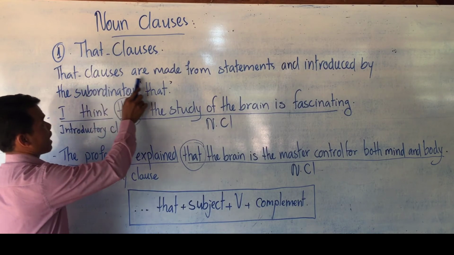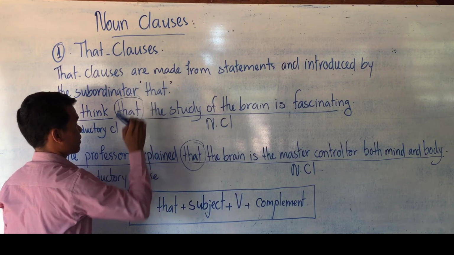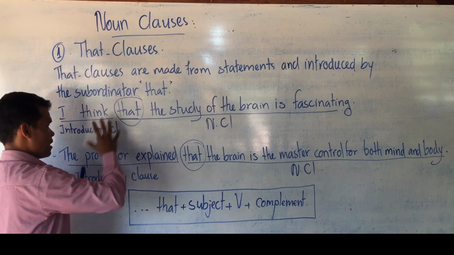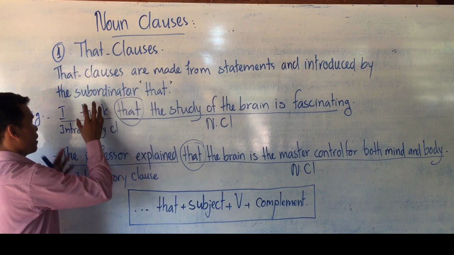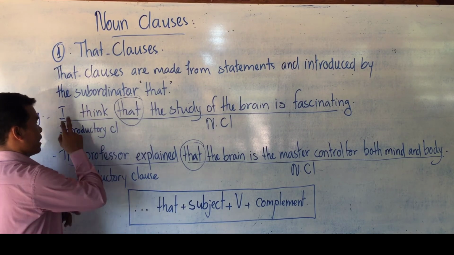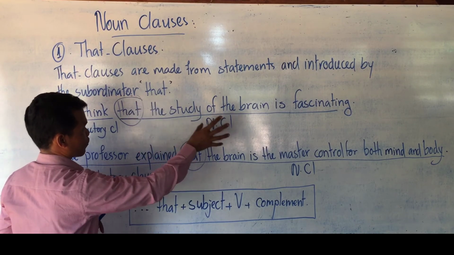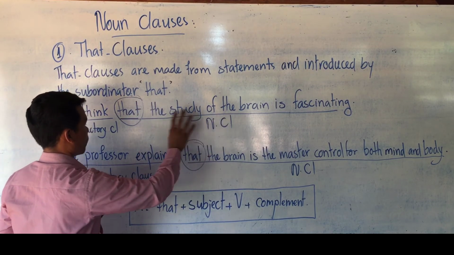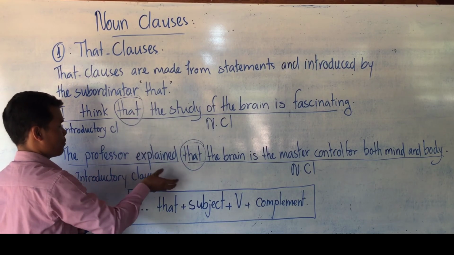Again, that clauses are made from statements and introduced by the subordinator that. That clauses in the two examples come after an introductory clause like I think, the professor explained. From there to fascinating is a noun clause. When you talk about the function, it can be an object.